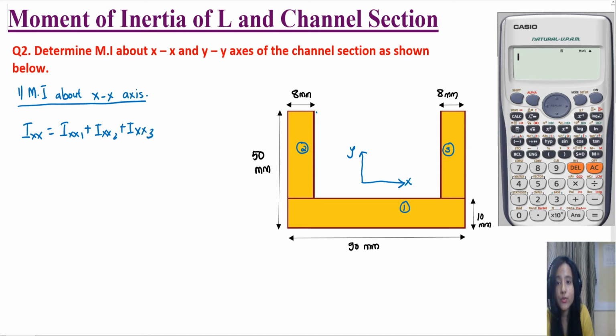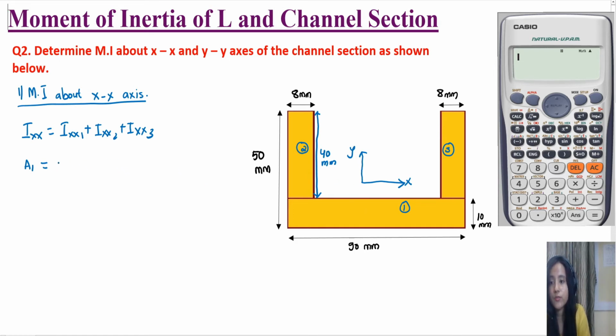Now I need to know this height here. This height from here to here will be equal to 50 minus 10, so it will be equal to 40 mm, right? So since I have to find with parallel axis, I need to find a1, a2, y1, y2 and y bar, right? So let us first find a1.